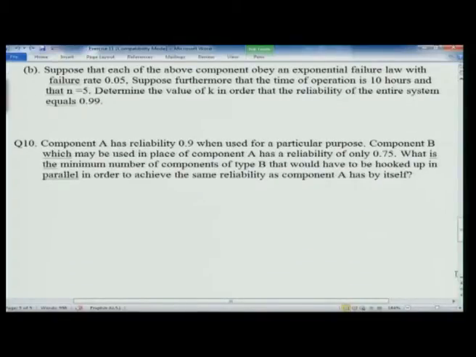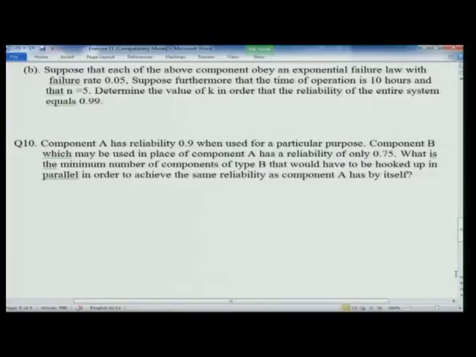Now, a component A has reliability 0.9 when used for a particular purpose. Component B, which may be used in place of component A, has a reliability of only 0.75. So, what is the minimum number of components of type B that would have to be hooked up in parallel?